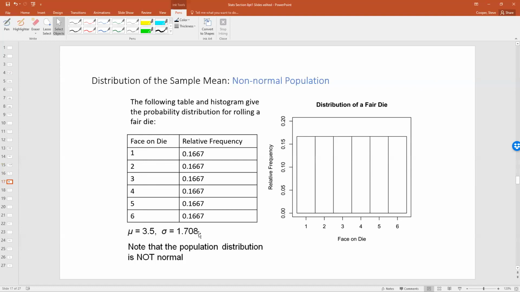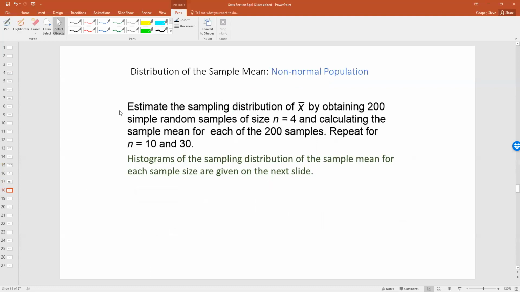And the standard deviation for this distribution is 1.708. Okay, so, but we don't have a normal underlying population. But since we're given these values, now let's start talking about if we were taking samples of 5 rolls at a time, or 10 rolls at a time, or 30 rolls at a time.